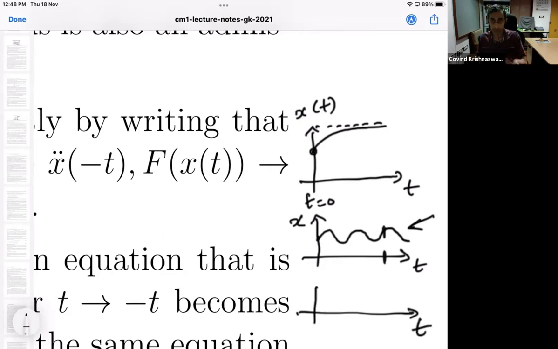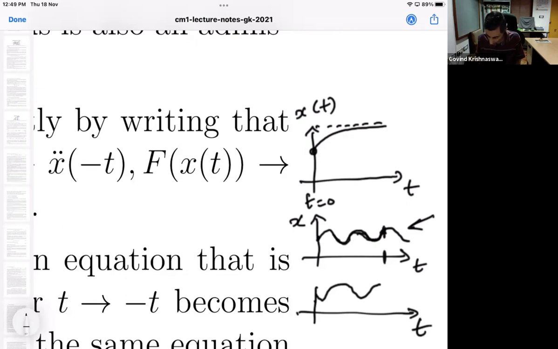As the video is being played, the particle begins somewhere. It will move, the x is going to decrease, then it is going to increase and decrease and so on. I'm taking this solution and plotting it backwards, just following it backwards.